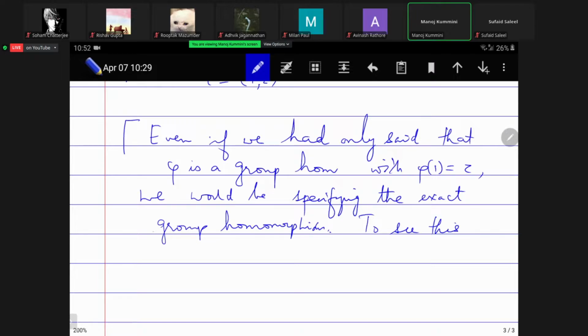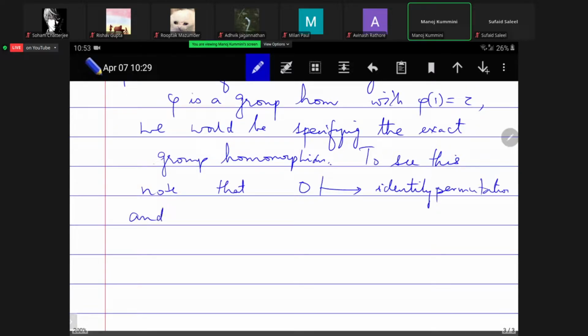Okay, so therefore, often when we write, we will probably only just specify enough data so that we can determine the group homomorphism unambiguously. To see this, note that 0 must go to the identity permutation. That is always understood because this is a group homomorphism.